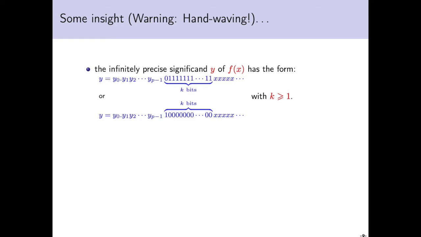As I told you, you have problems when you are very close to the middle of two consecutive floating point numbers. Being very close to the middle means you have this shape: a 0 followed by plenty of 1s, or a 1 followed by plenty of 0s, after the pth bit. Is it clear for you?